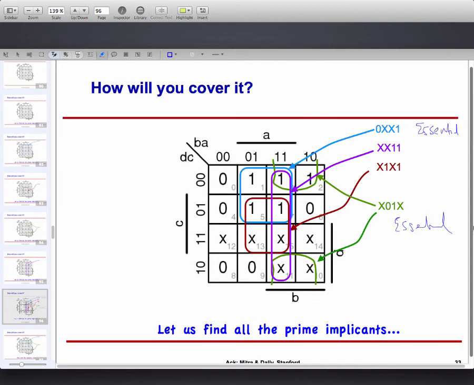In some other examples, depending upon the function, you may have to pick some additional terms also. So the strategy is first start with essential ones because you know you're going to need them. And once you have picked all the essentials, then see whatever is left uncovered, and now the hard part begins. You have to find what's the best combination. So our function in this case can be implemented as 0xx1 or x01x, which basically means 1 2-input OR gate and 2 2-input AND gates.